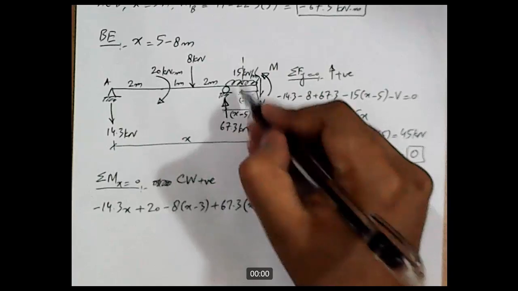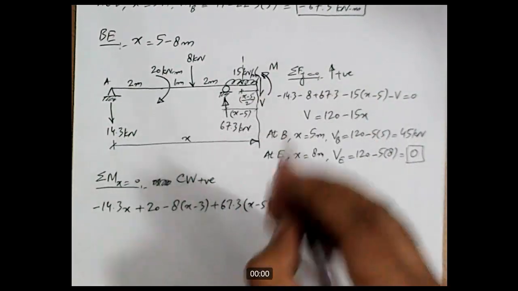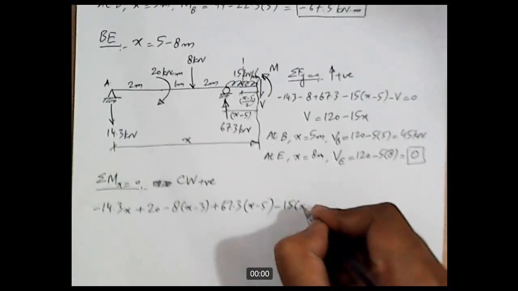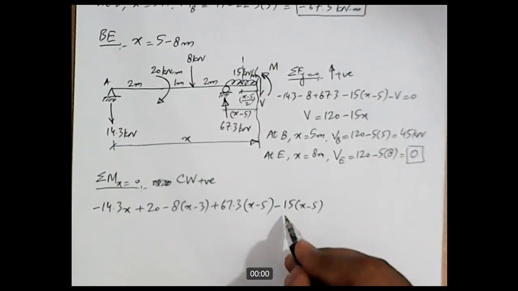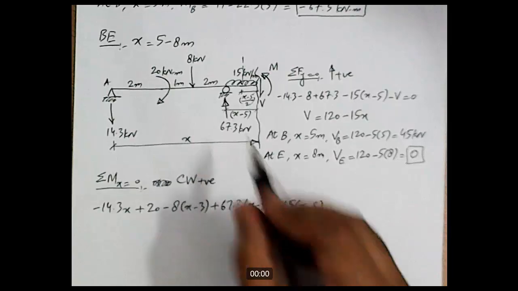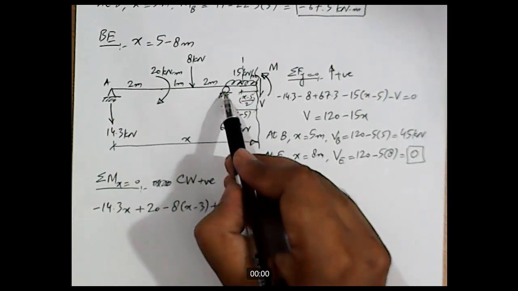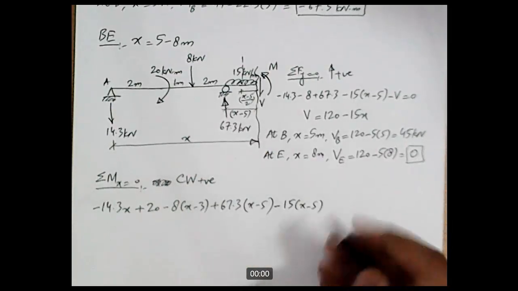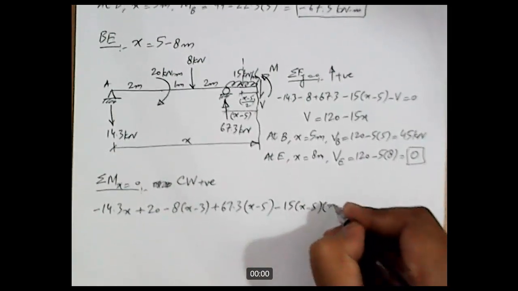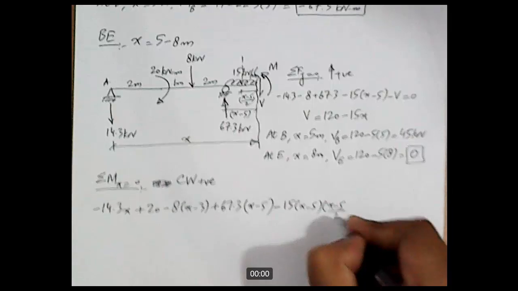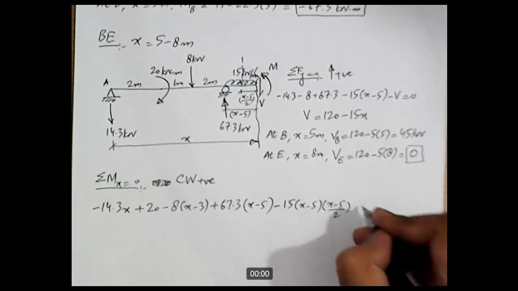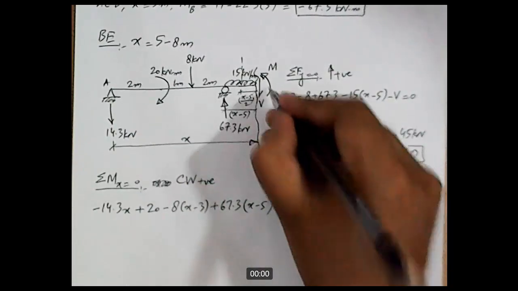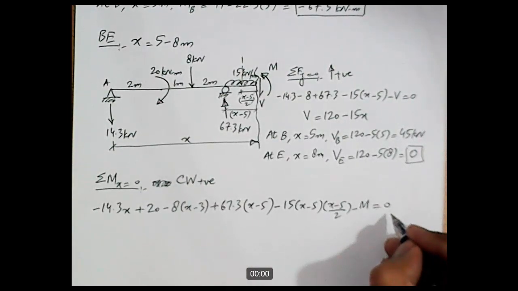So this resultant will produce moment in counterclockwise direction, so it will be taken as minus 15 into x minus 5, which is the magnitude of the resultant. 15 is the vertical dimension and x minus 5 is the horizontal dimension of the rectangular load, and then the lever arm is x minus 5 divided by 2, minus M. This minus M is this M, and that is equal to 0.